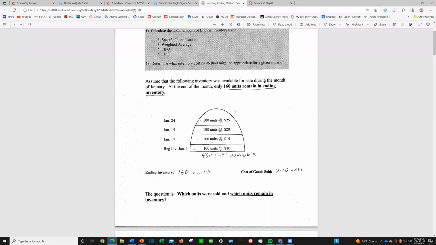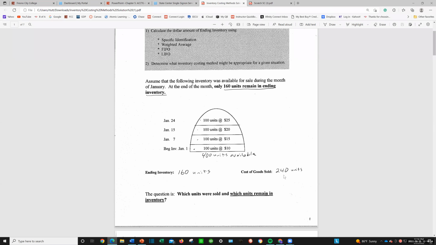Okay, now in this scenario, we know that out of the 400 units, right? We count them: 100, 100, 100, 100. There's 400 units available. But in this scenario, we only have 160 units remaining in ending inventory. So if we have 400 units available, yet we count only 160, how many units did we sell?